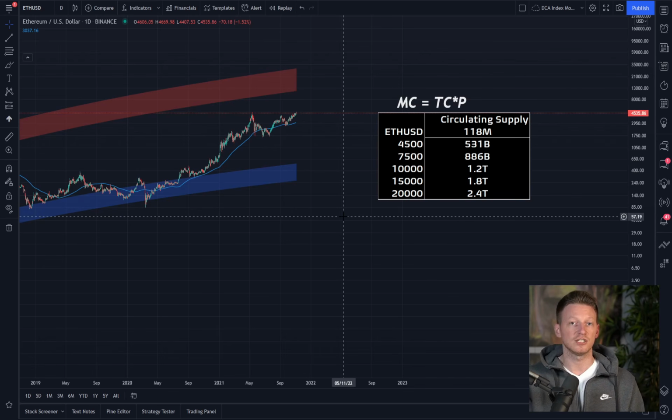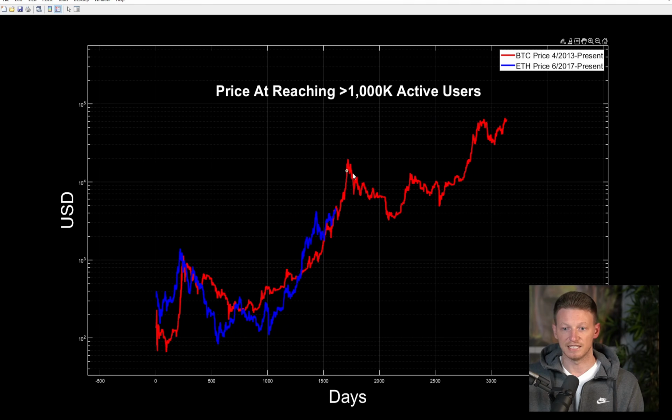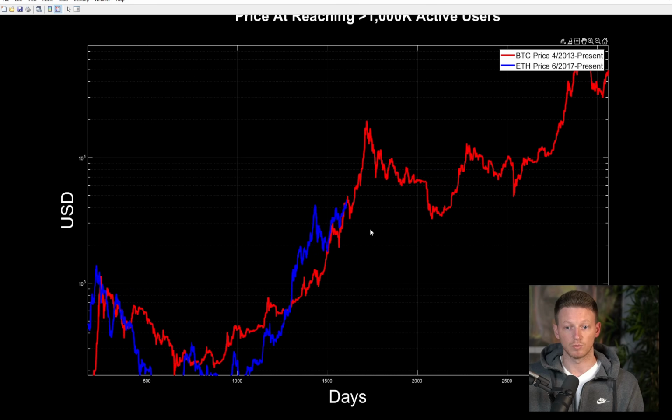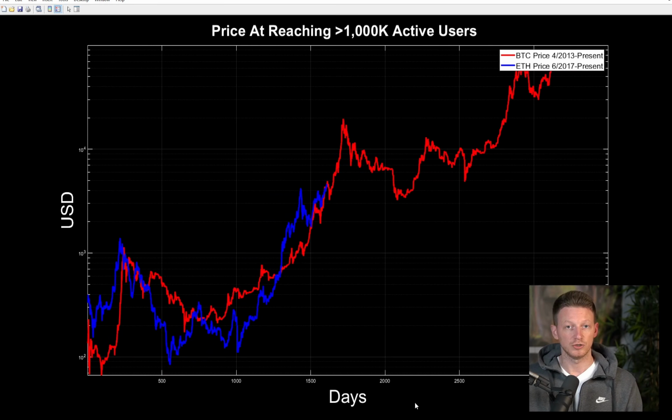So finally, to get to the $20,000 level, which we got to back in 2017 for Bitcoin. That is to say, to get to this level, which we are currently, at least according to this one metric, on pace to do, it would require about $2.4 trillion. It's a lot of money.